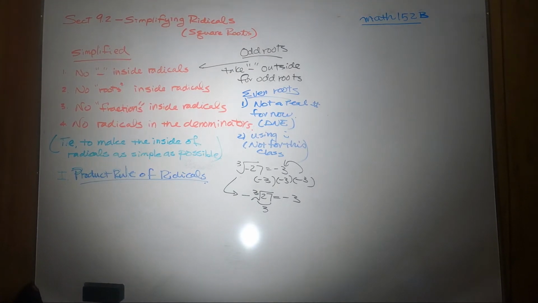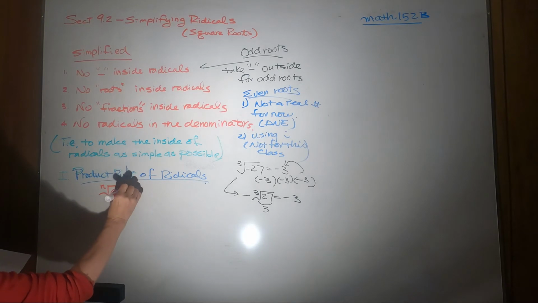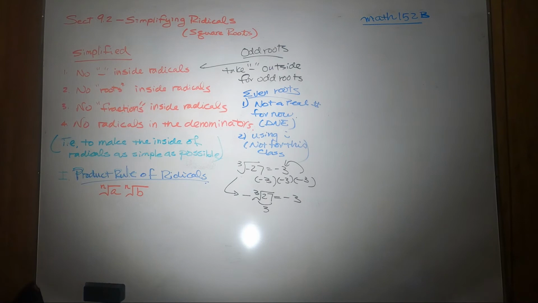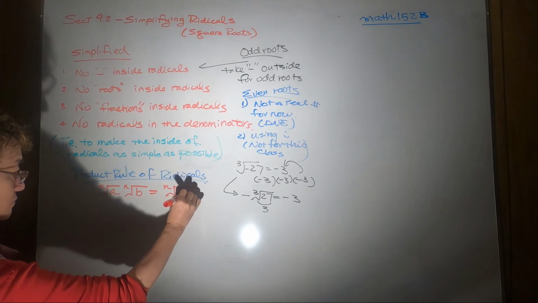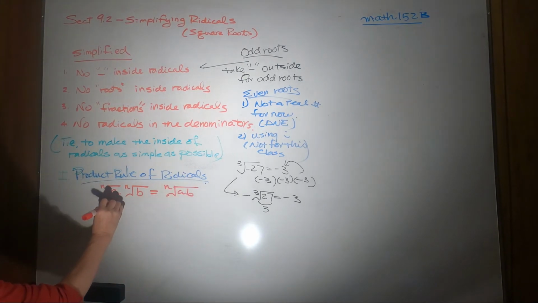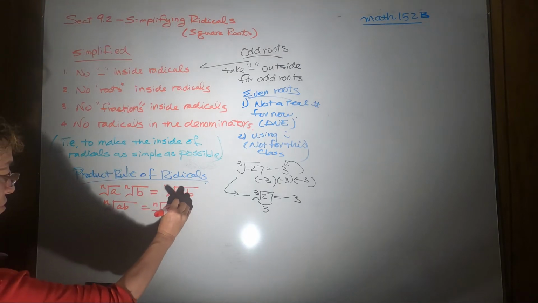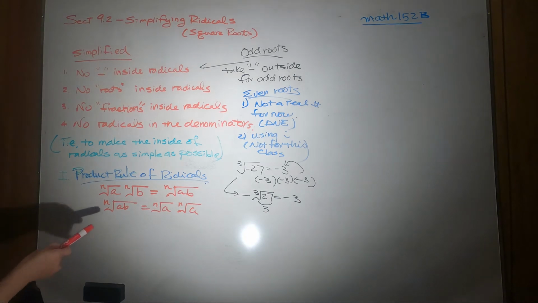If I have the nth root of A and the nth root of B, if they are the same roots, then we can put them together, or we can split them. That's when you multiply two radicals if they have the same index.